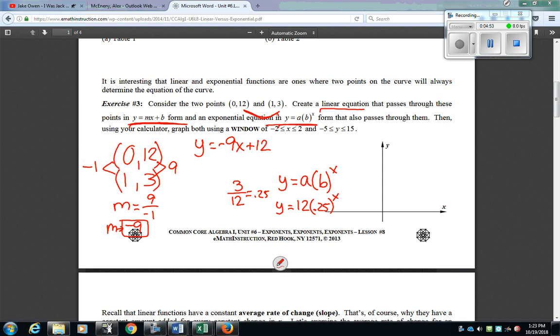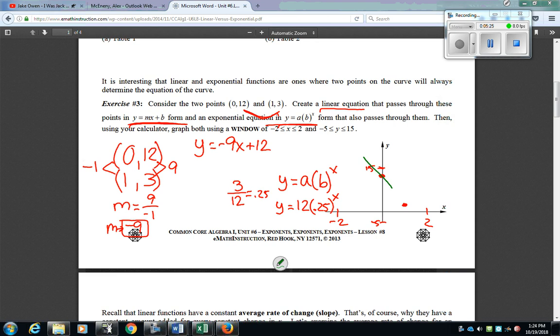Now, in the case of the graph, and again, we're just talking about a couple of the points, you can figure out where it says do negative 2 and 2 for the x values. And then it says -5 to 15 for y values. So I'm just estimating these. So I got 0, 12, which would be here, about. And then we got 1, 3, which would be about here. Now again, the linear is going to be straight. So the linear one I'll draw first.